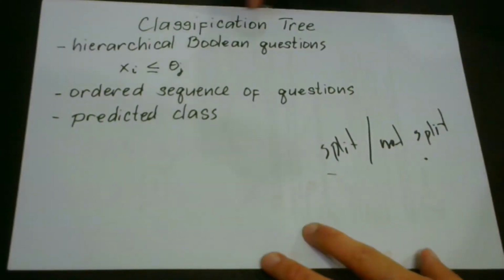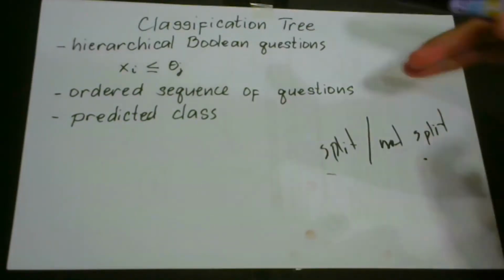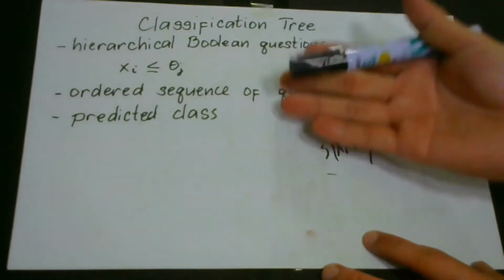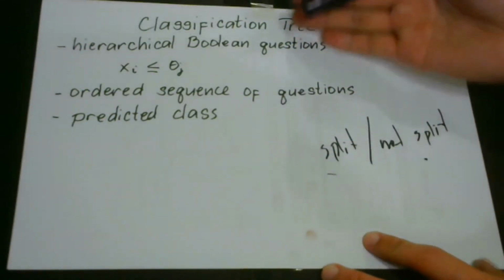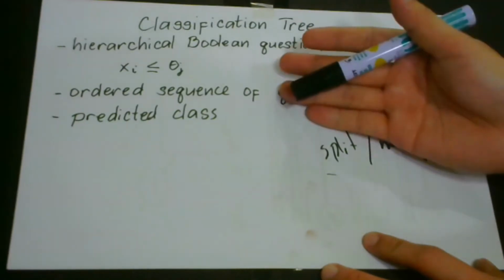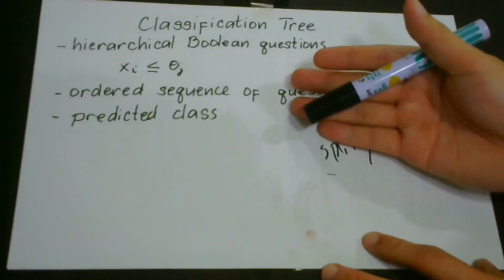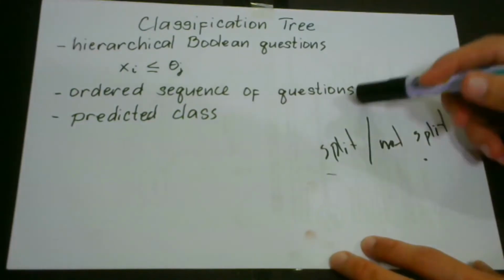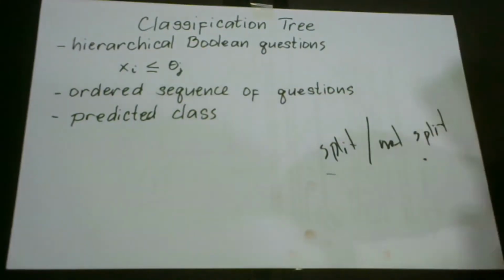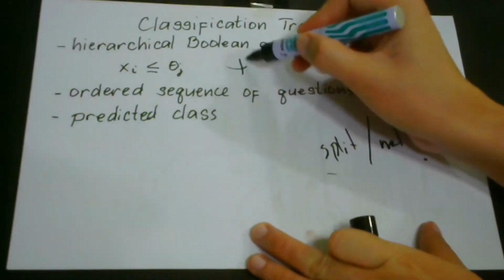So classification tree is actually a hierarchical Boolean question. There are binary responses for a certain decision to be made from the root node of our tree. So it could be a yes, it could be a no, it could be true, it could be false. Speaking of Boolean questions, there is always what we call a threshold.